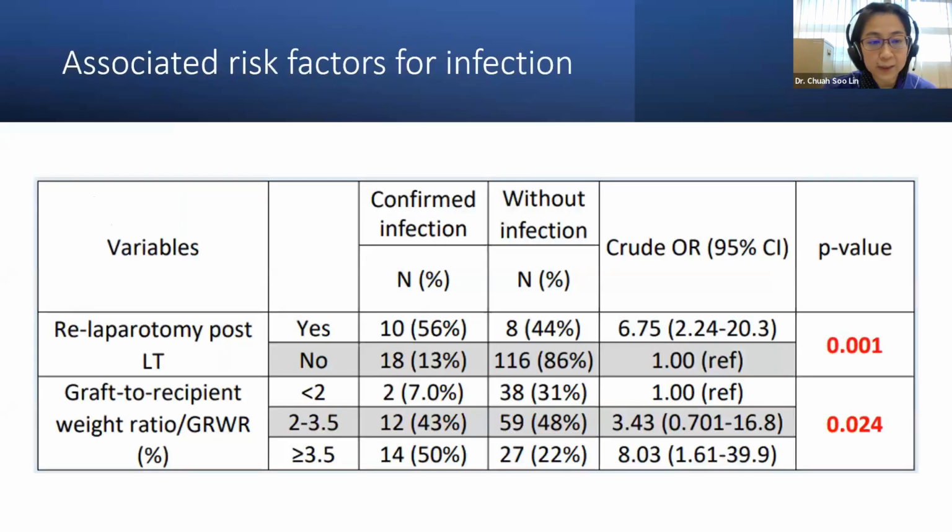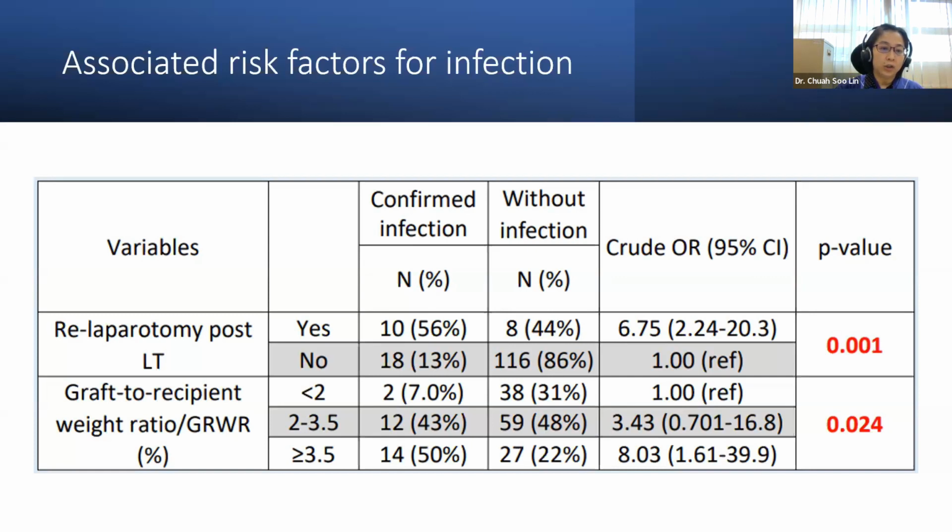So about the risk factors, there are 2 reported risk factors from multiple regression analysis. Re-laparotomy after liver transplantation, for whichever reason, bleeding or any vessel thrombosis, carries about 7 times higher risk of infections.